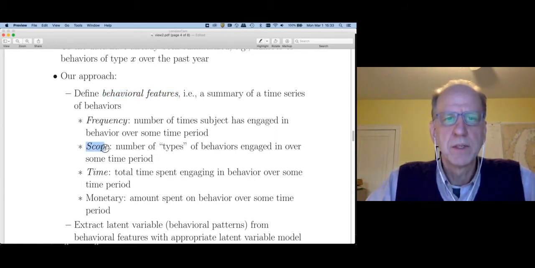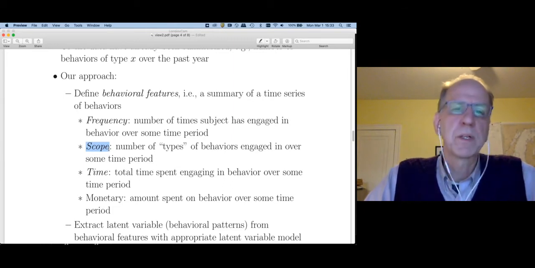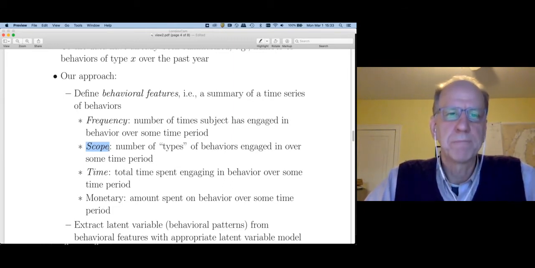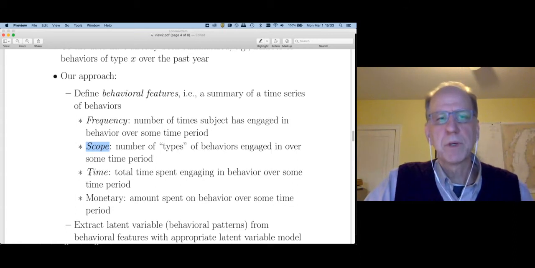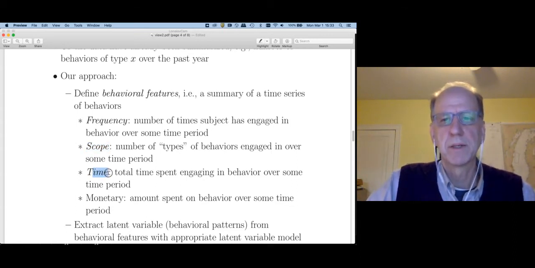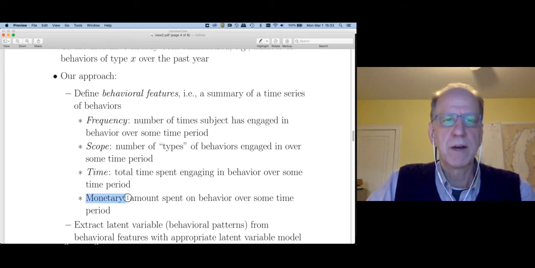Scope is the number of types of behaviors. So in the case of news reading, scope could be the number of sections that I typically read when I visit the paper. Time could be the amount of time that I spend in various behaviors. Sometimes you have a monetary value. So if this were a retailer, frequency would be the number of orders. Scope would be the number of departments that I order from.